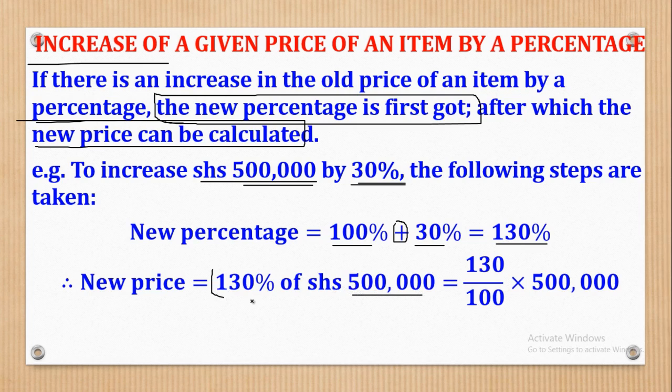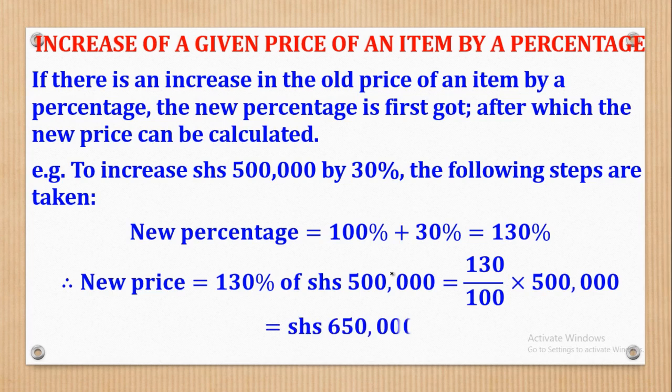Remember, the symbol percent means 130 over 100, and the word "of" in math means multiplication, so that is why we put multiplication there. When we simplify that, we come up with our new price, which is 650,000 shillings. So basically that's how they get the new price given the percentage increase and the old price.